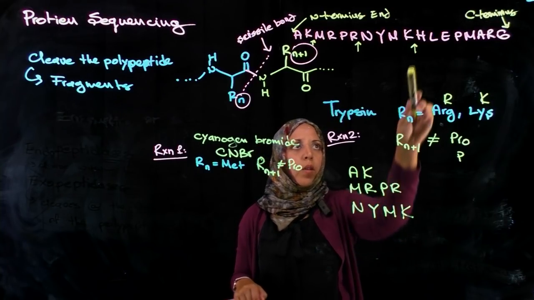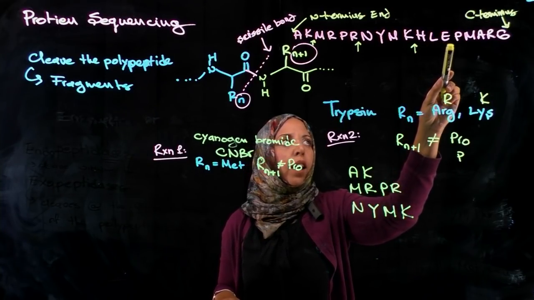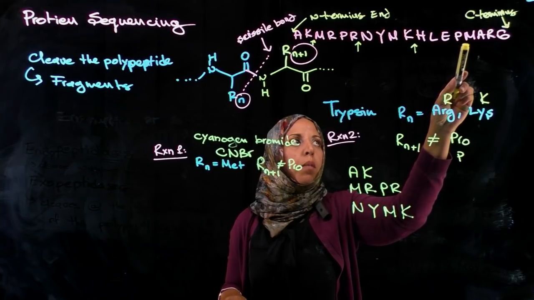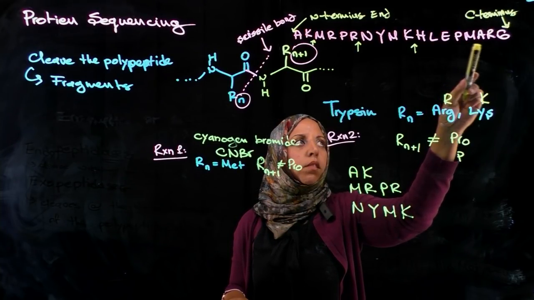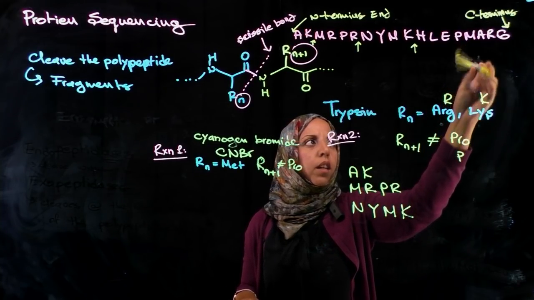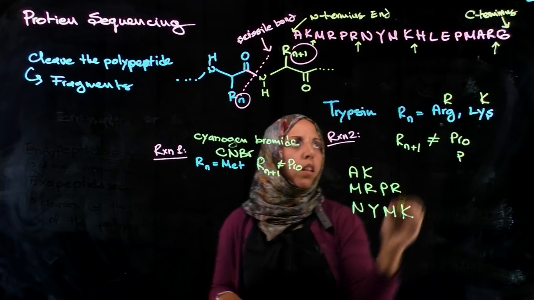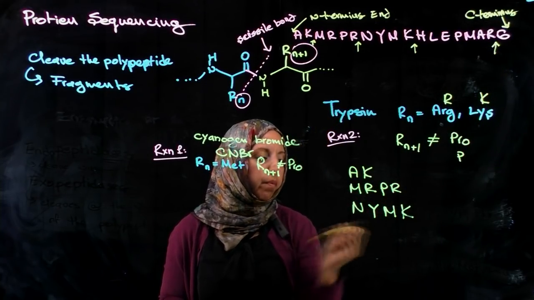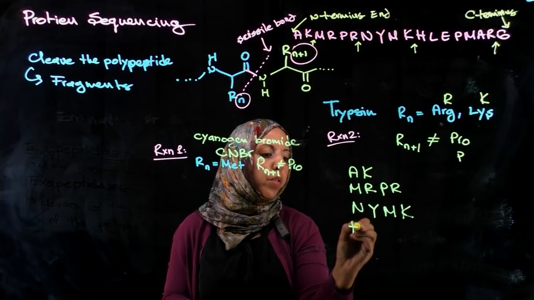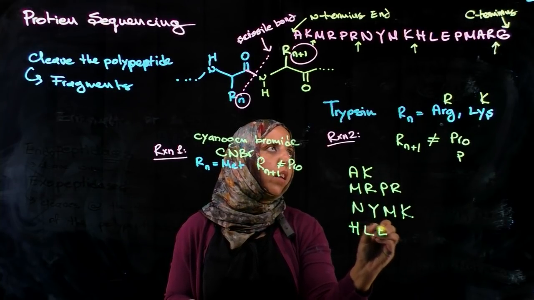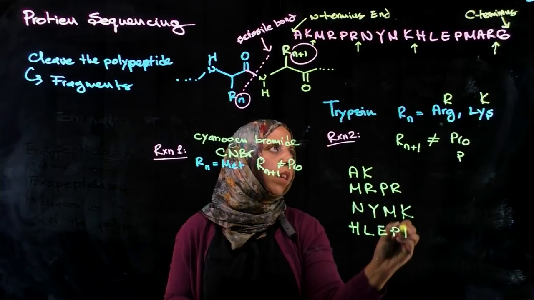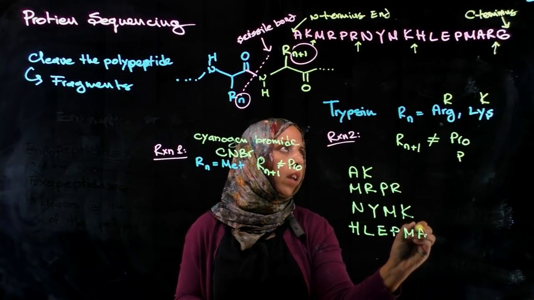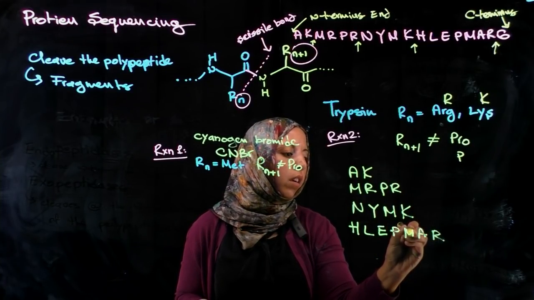Then we have histidine, leucine, glutamic acid, proline, methionine, alanine, and arginine. Here's an arginine, so that's a longer sequence. It would be H, L, E, P, M, A, R.